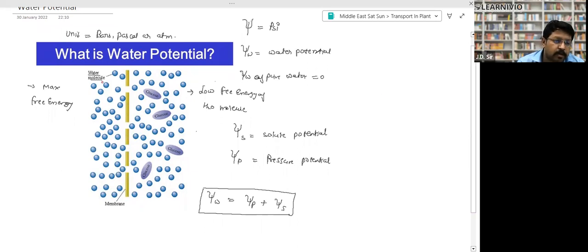So the water molecules have lots of kinetic energy, maximum free energy, right? When you add a solute molecule like glucose, the glucose is a solute molecule. These solute molecules reduce the free energy of the water molecules because they collide with them, and due to collision a loss of energy takes place.